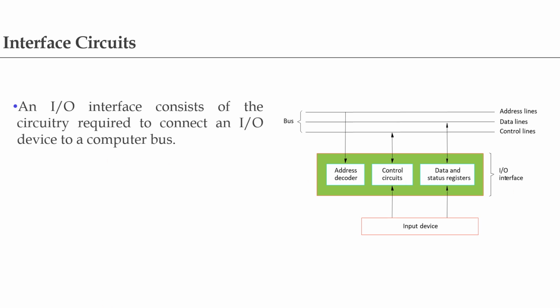Address decoder is a decoder that has one or more inputs for address bits and one or more outputs for device selection signals. Address decoder enables the device to recognize its address when the address appears on the address line. Data register holds the data being transferred to or from the processor.